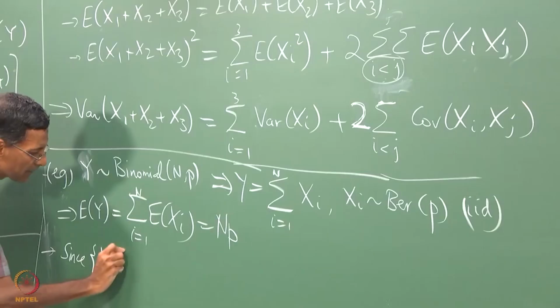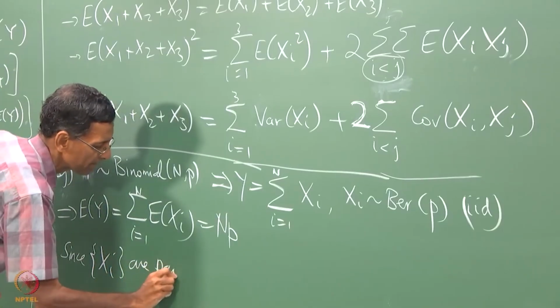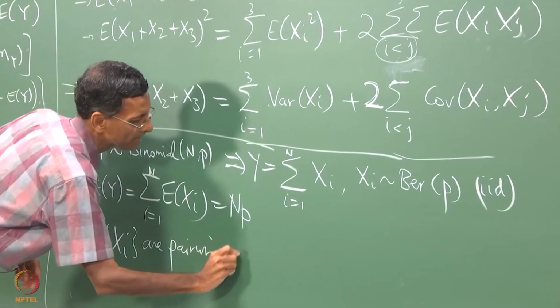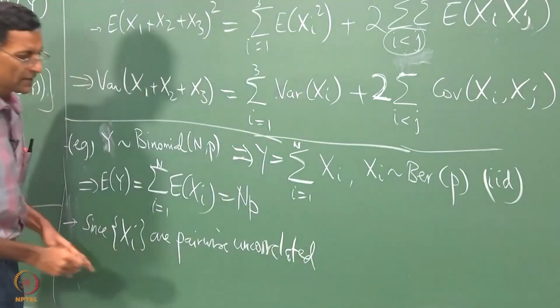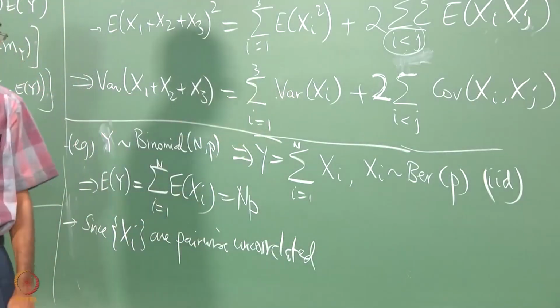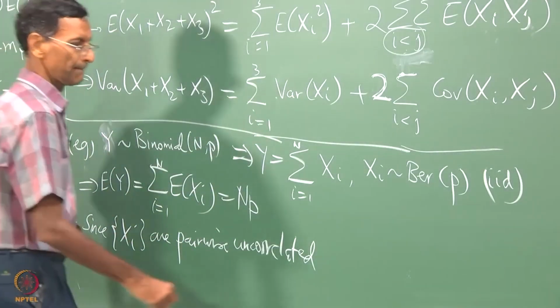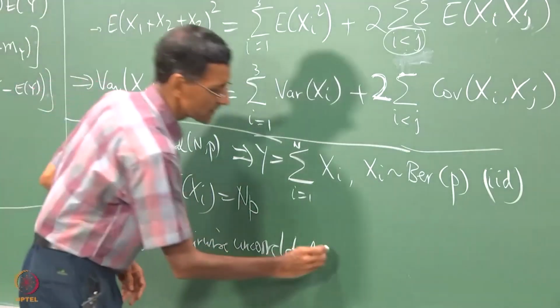So since the xi are pairwise uncorrelated, what do you get? This means that covariance of xi, xj is 0 due to independence, right?